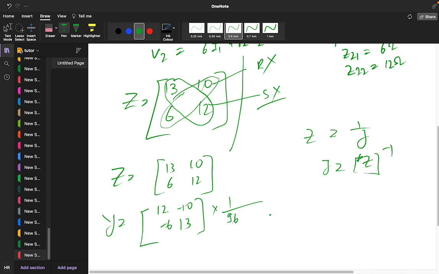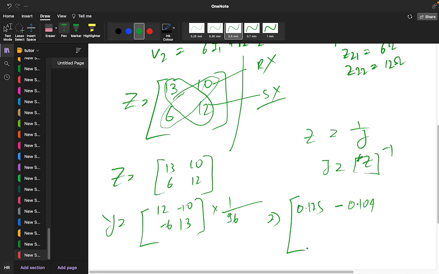Okay, so overall result will be 12 divided by 96, it's 0.125. And minus 10 divided by 96 is minus 0.104.